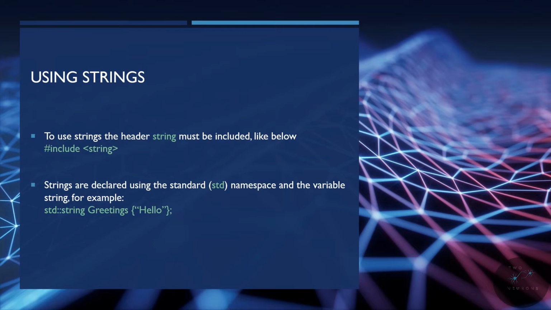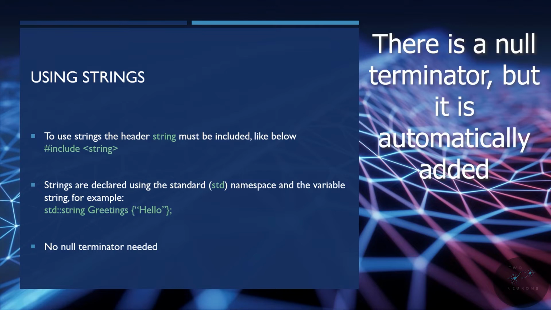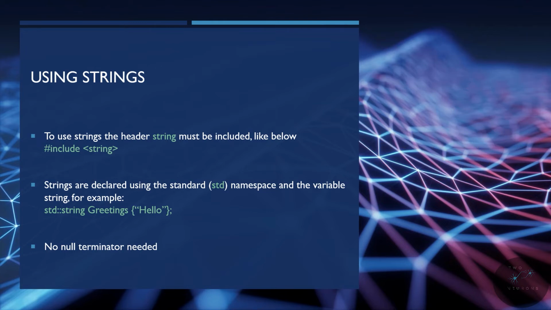So for example, it would be std::string, your variable name, in this case greetings, followed by what you want stored there, the word hello in this case. And you'll notice that no null terminator is needed. Fairly simple, fairly straightforward. It's just like declaring any other variable except you say std::string.